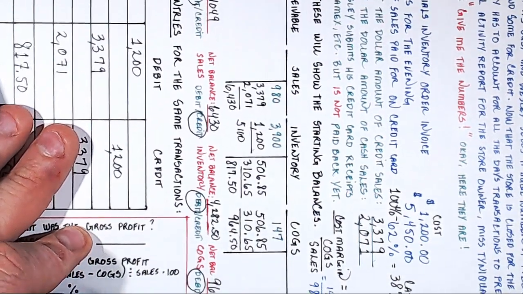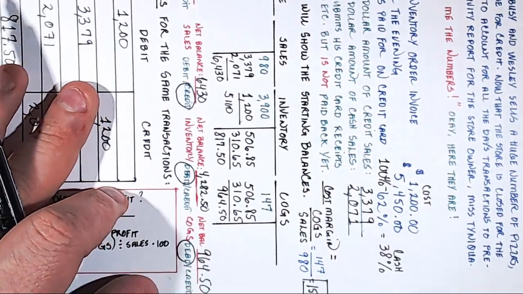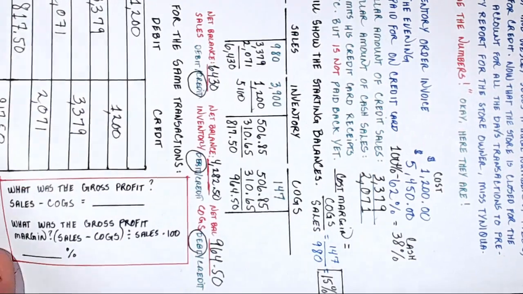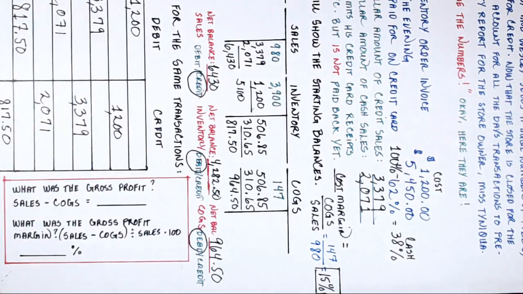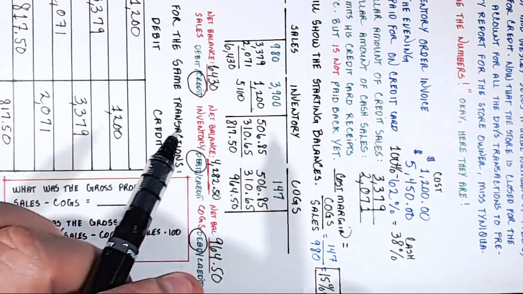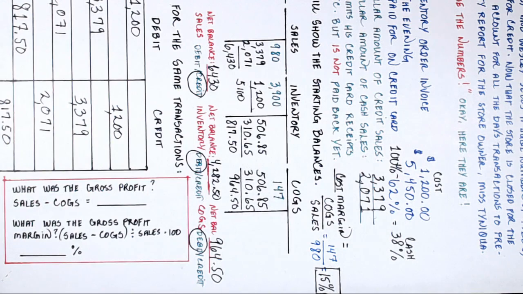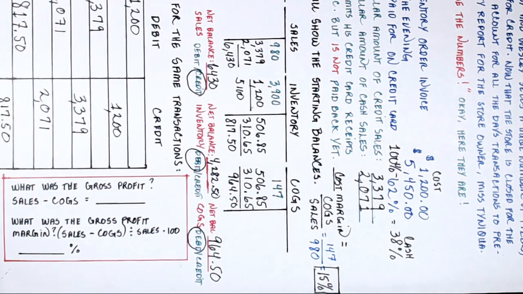It would have been helpful if I had specified what I wanted you to do. So I'll accept either way. You can either record the sales for the evening, or you can record total sales minus total cost of goods sold. I'm indifferent about that.